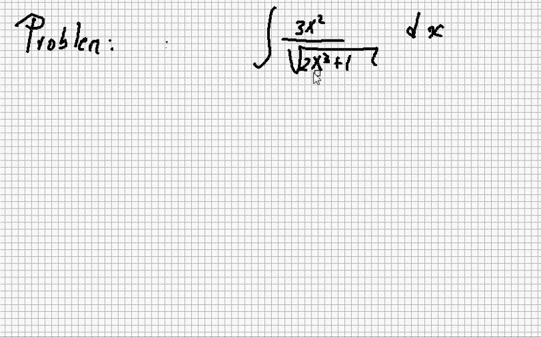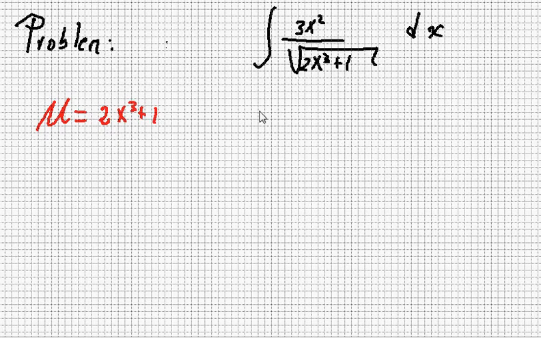I'm going to let the inside of the radical be u. So I'm going to set u equals 2x cubed plus 1.